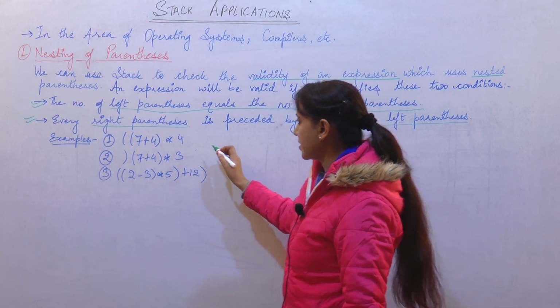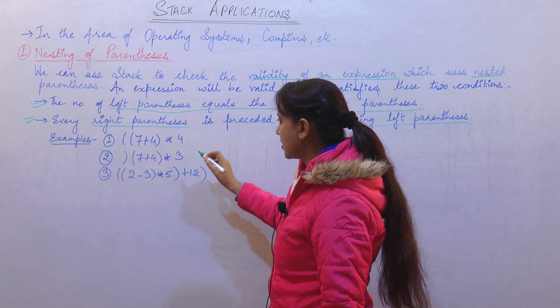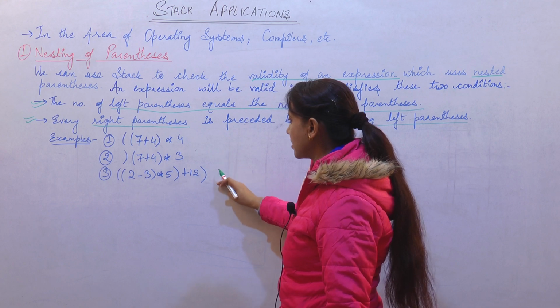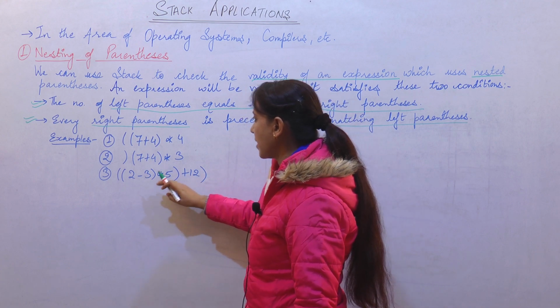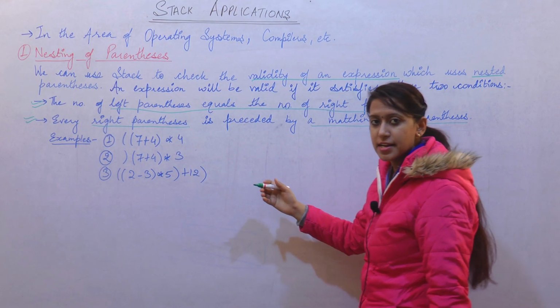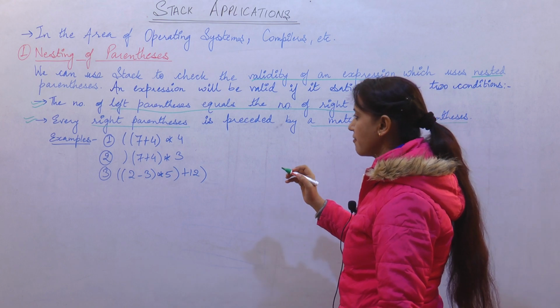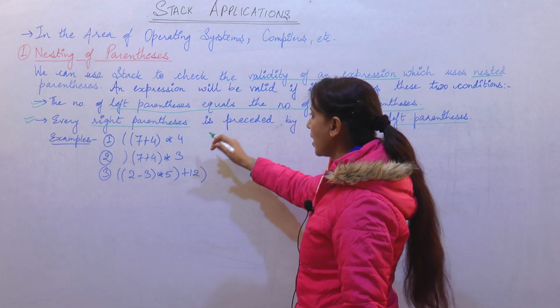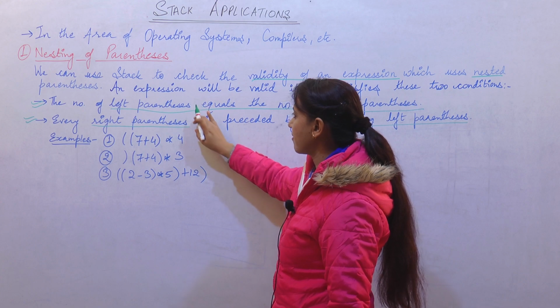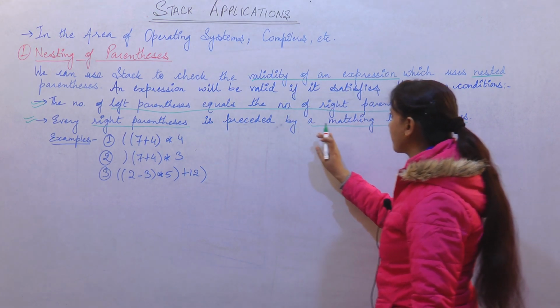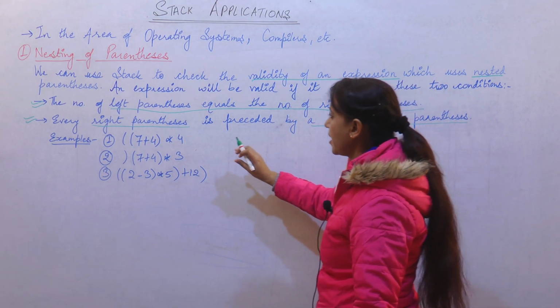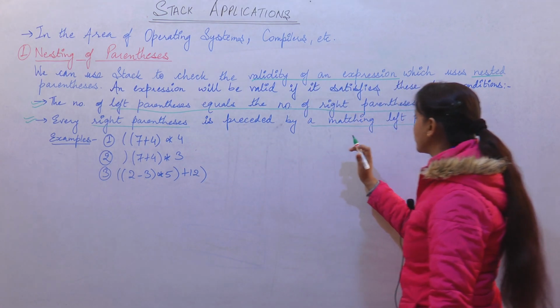Now here I have written three examples. In these three examples we have to determine which expression is valid and which expression is invalid. We will apply both rules: the number of left parentheses equals the number of right parentheses, and every right parenthesis is preceded by a matching left parenthesis.